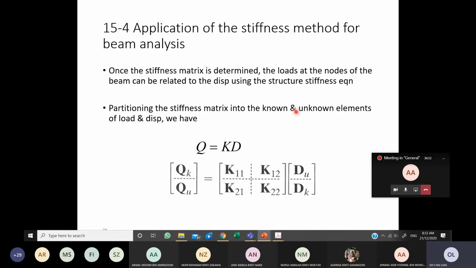partition the stiffness matrix into the known and unknown elements of load and displacement. If you have followed the rules that I have shown you in earlier class, where for the DOF you number the unknown displacement first, then the known, you will eventually come to this step, where you can partition.